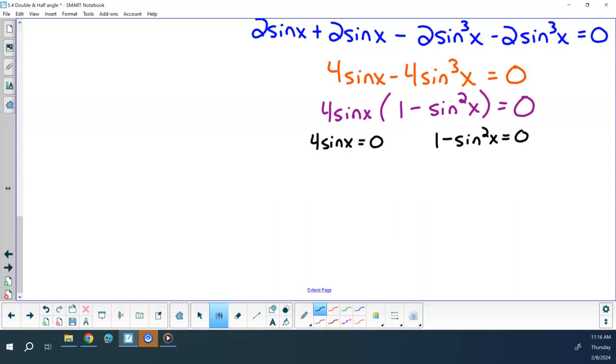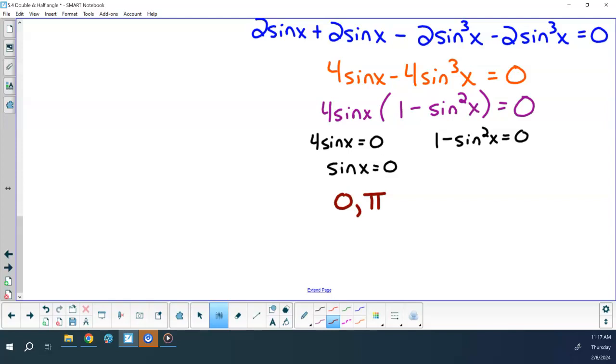Okay? For sine of x equals 0, that means what? Sine equals 0. Where does sine equal 0? Okay? 1 minus sine squared of x equals 0 means?